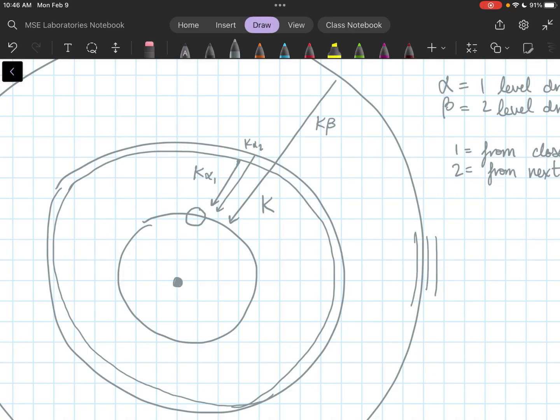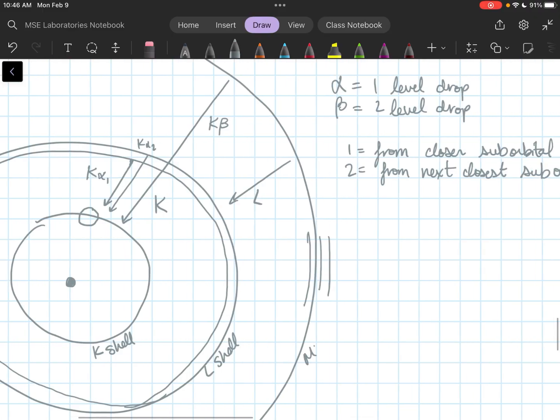Next, anything that drops to the second orbital is called L. So if we call this the K shell, the next would be the L shell, and then the outermost is the M shell. We have the same thing where L alpha, L beta.